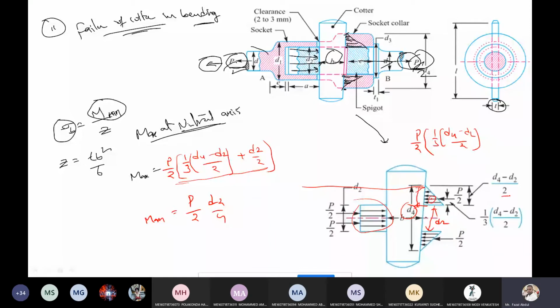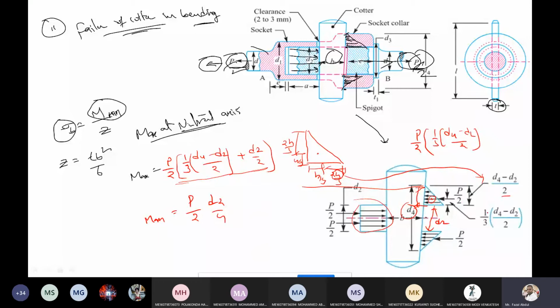Now what is the CG for this figure? Because it is a triangle in this manner, from here to here h by 3, from here to here h by 3. Now in place of h, I am writing (D4 minus D2) by 2.